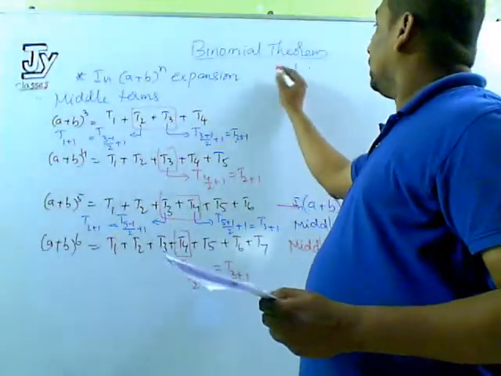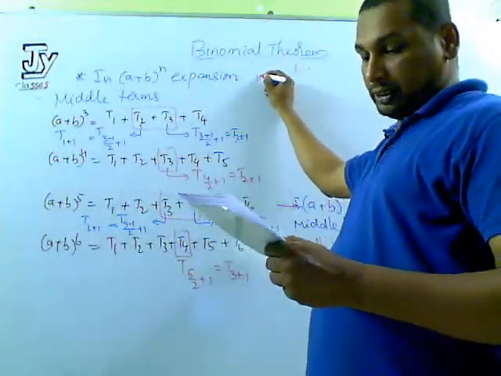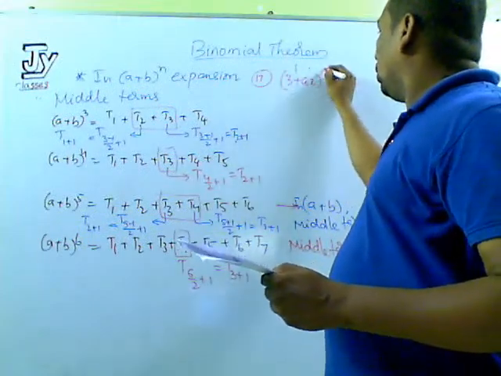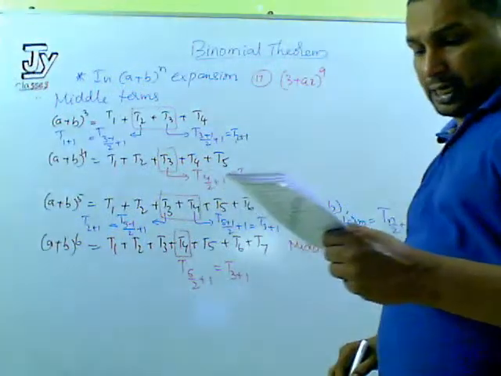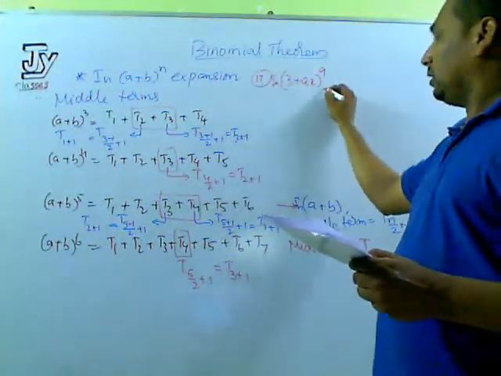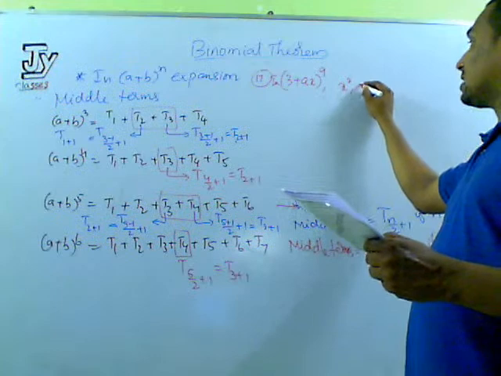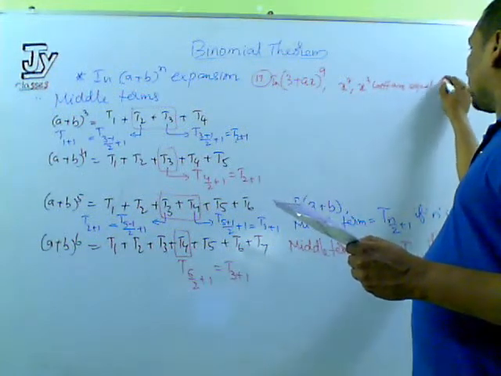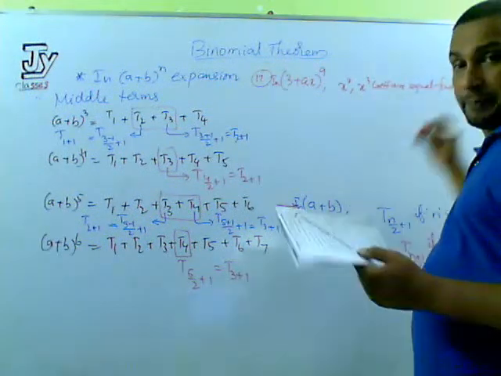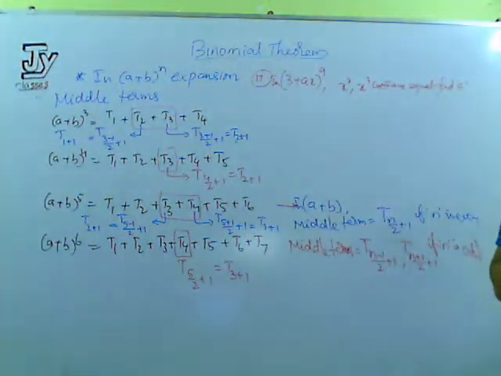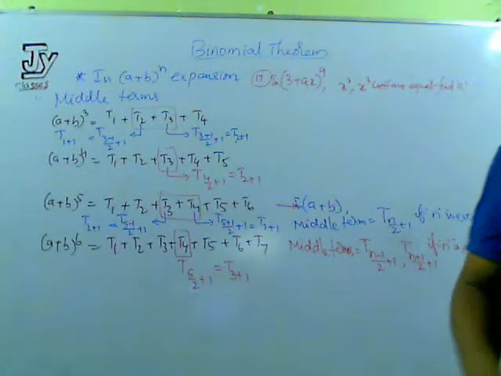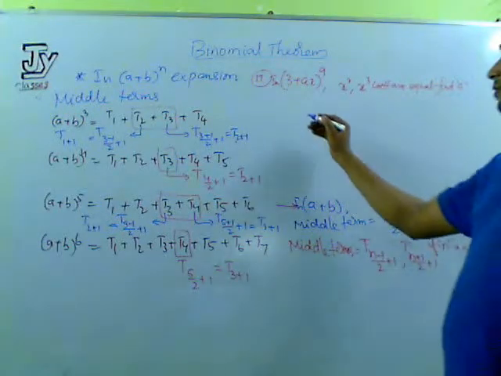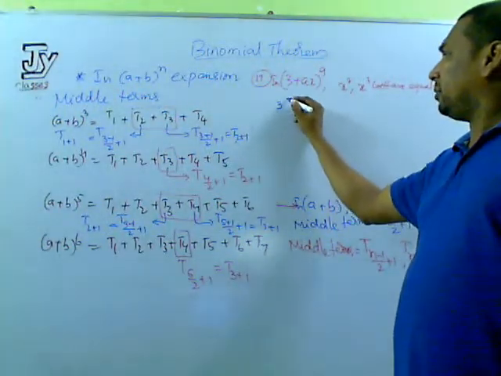Based on this, I would like to tell one question. That is the 17th question: (3 plus ax) whole power 9. In this expansion, the x square and x cube coefficients are equal. Then find a. So it is better to take out 3 as common.